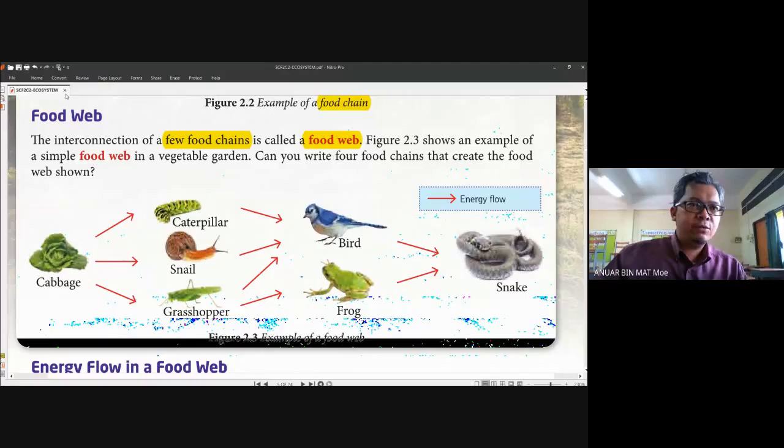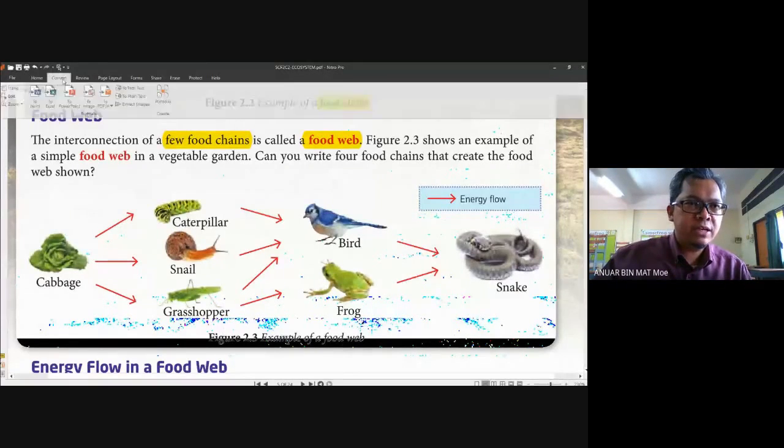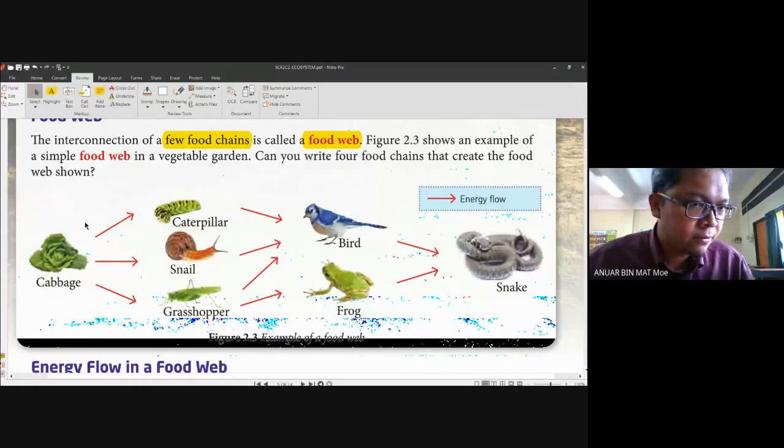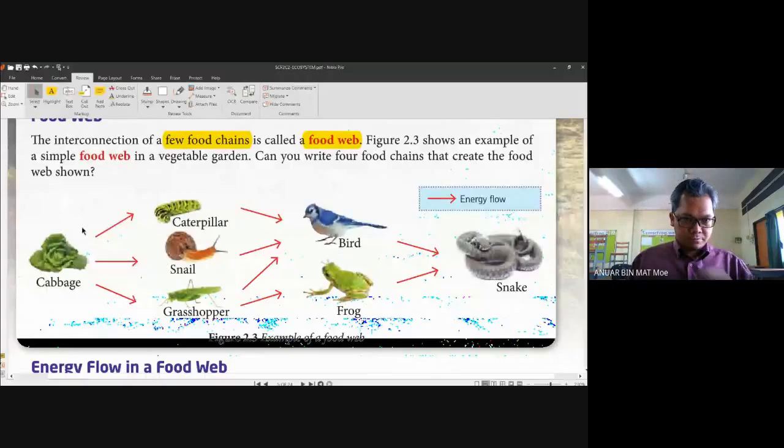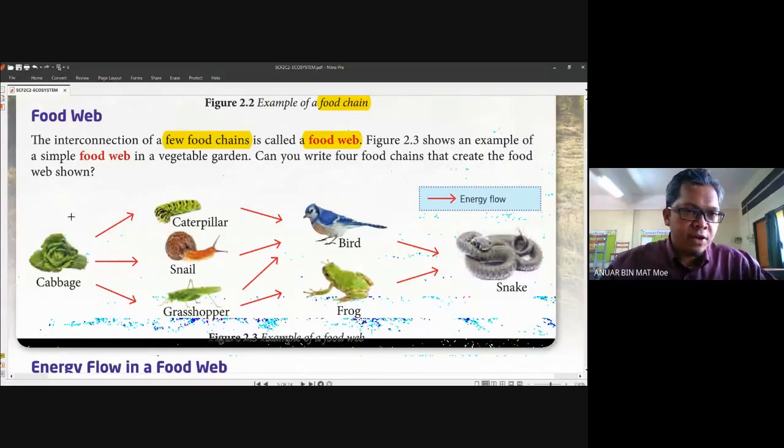Okay, where is the first one? The first food chain here, what is the first food chain? I just try to draw a line here. Okay, the first food chain is cabbage, and then caterpillar, and then birds.